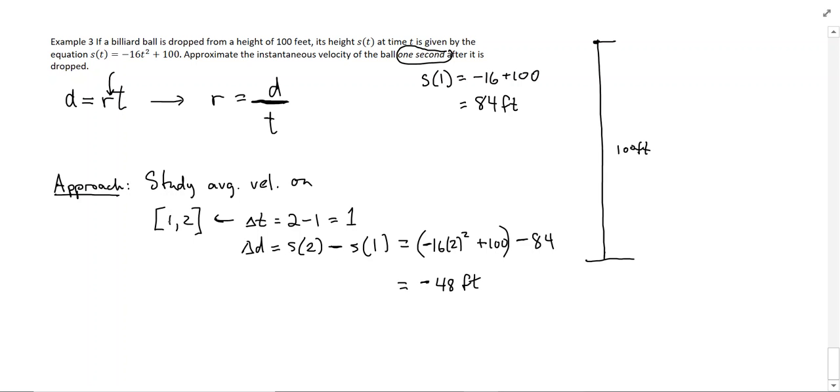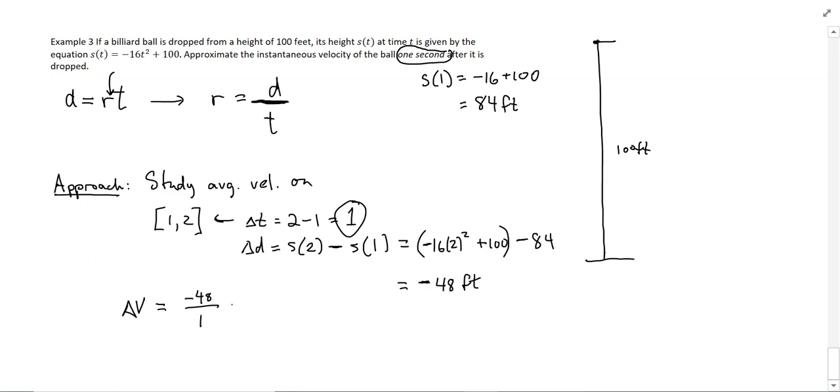So in this interval of time, the ball fell 48 feet. Its height went down by 48 feet, so the negative is indicating that fact. And the interval of time that elapsed is 1 second. So therefore, the rate, the average velocity, let's write AV, is negative 48 divided by 1.